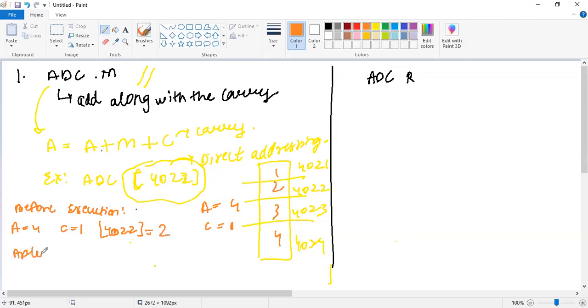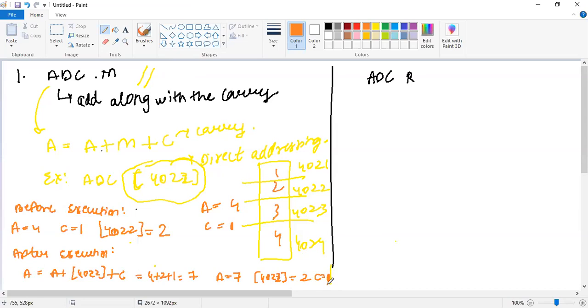After execution, A equals A plus 4022 plus C, which is 4 plus 2 plus 1, which is 7. So your A will be 7. There is no change in M, so M is the same, 2, and in C there will be 1.